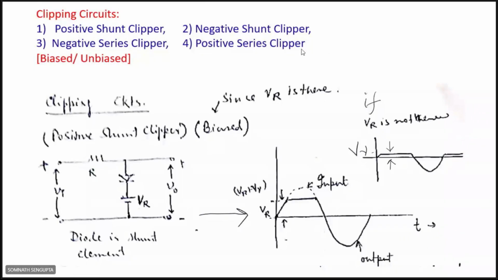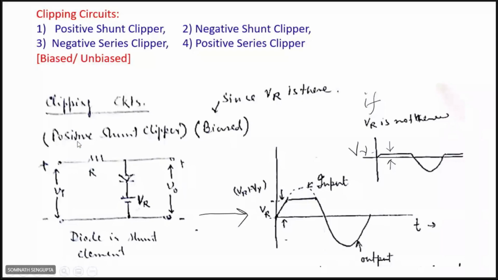There are other clipper circuit designs where we can use more than one diode, one or two or three, whatever it is. But these are the most basic clipper circuits.